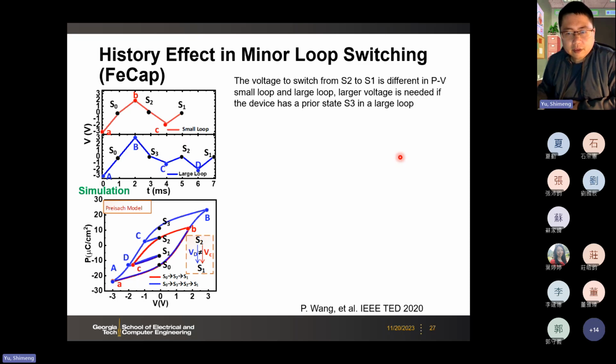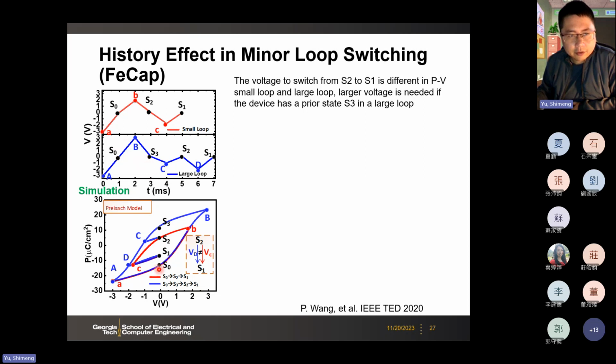One of the device physics effects that we discovered in our lab is called the history effect in minor loop switching. When you look at P versus voltage, you can have different multi-level states, as I mentioned earlier, due to the partial polarization. But how do you switch between those intermediate states, depending on the voltage waveform you apply?